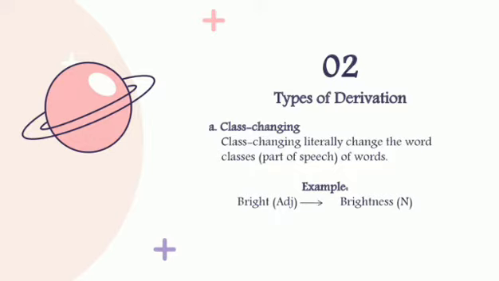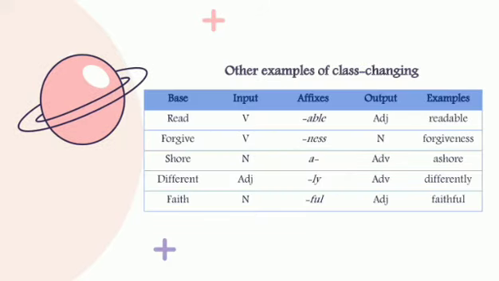For example, you may see on the screen, the word bright is an adjective, but if it is attached with the suffix ness, it becomes brightness, a noun. For more examples, you may see in the list, the word read is a verb, but if attached with the suffix able, it becomes an adjective, readable, and etc.